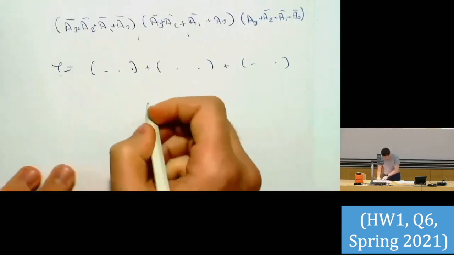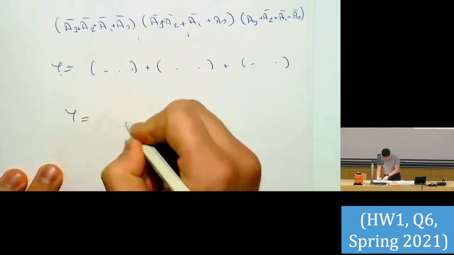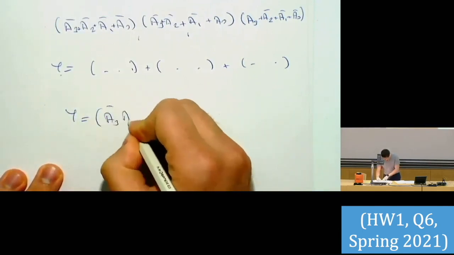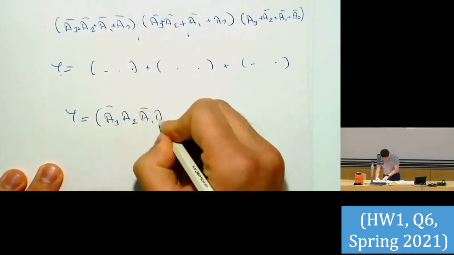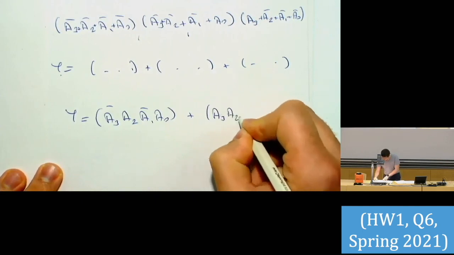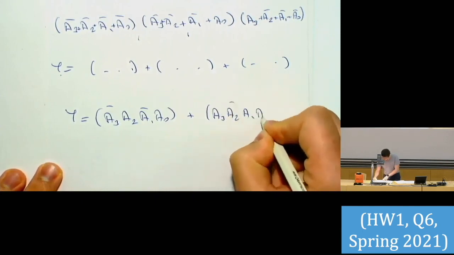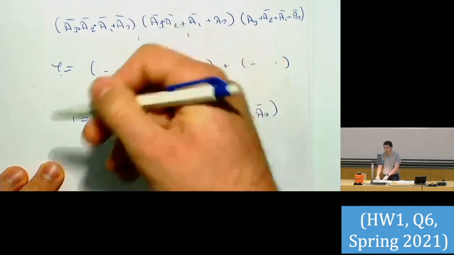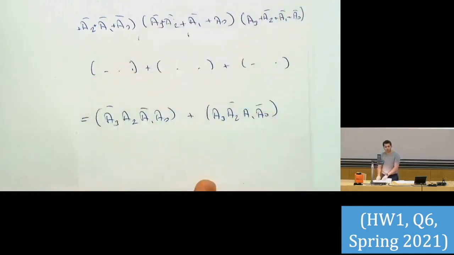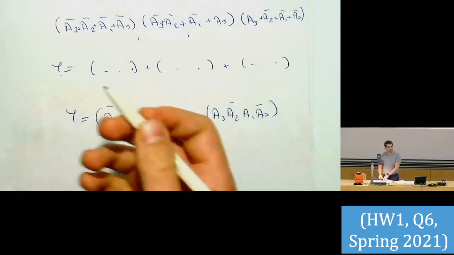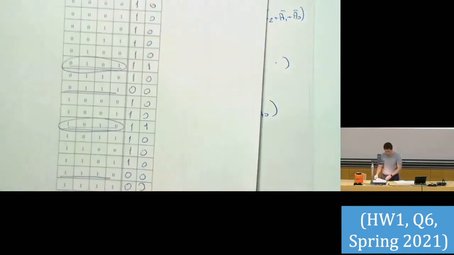So Y is equal to one term OR A3, A2 not, A1, and A0 not. This is similar to the product of sums, but instead I OR the terms here. And if one of these is 1, then Y should be 1. This is what the question is asking for.